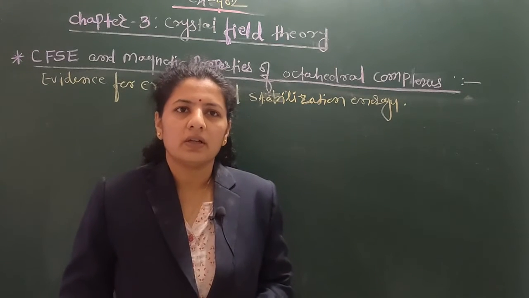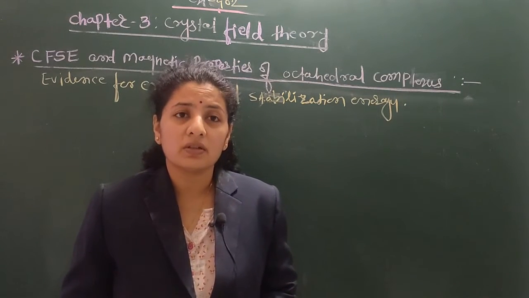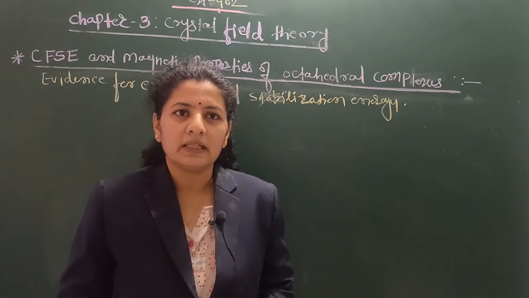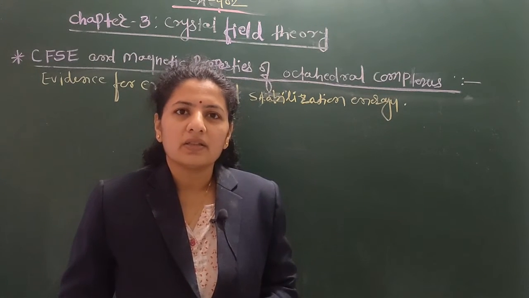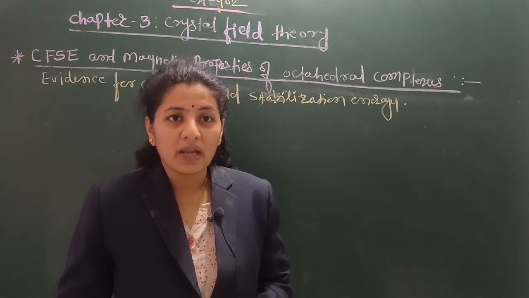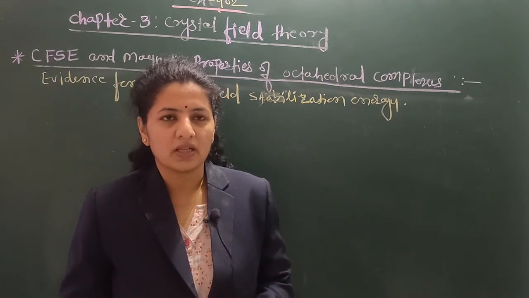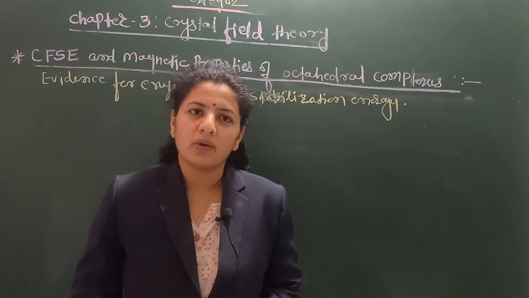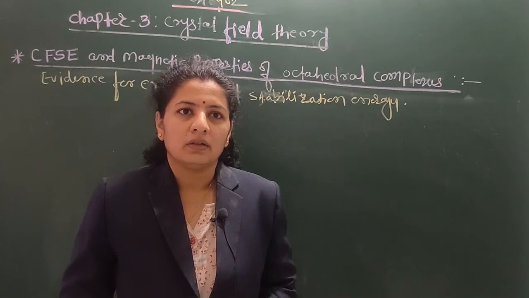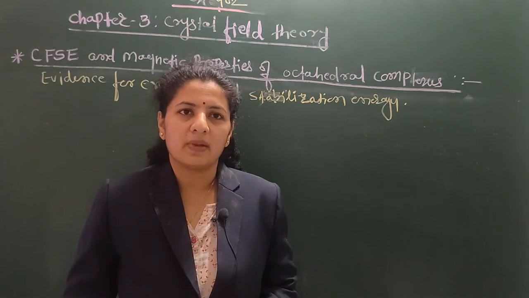Dynamic properties of transition metal complexes are illustrated by the crystal field stabilization energy. Various transition metal complexes are stabilized due to crystal field stabilization energy. The magnetic and electronic properties of these transition metal complexes are also illustrated by this crystal field stabilization energy.